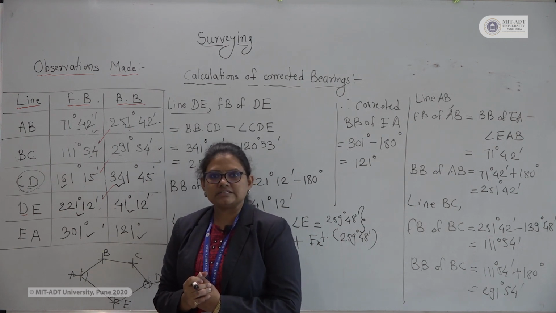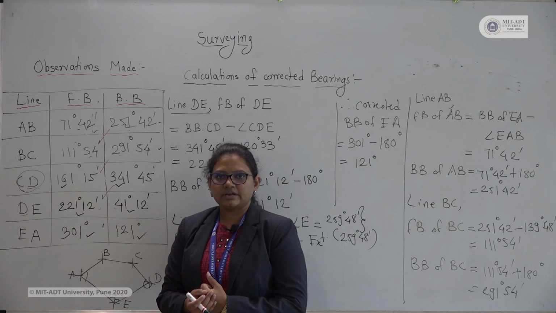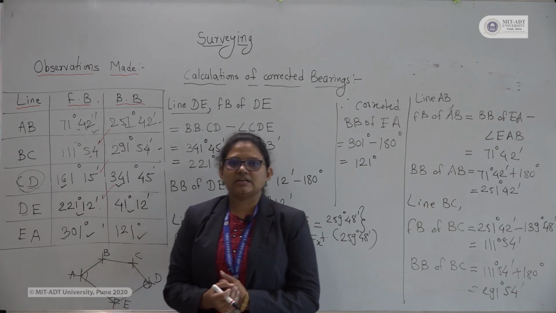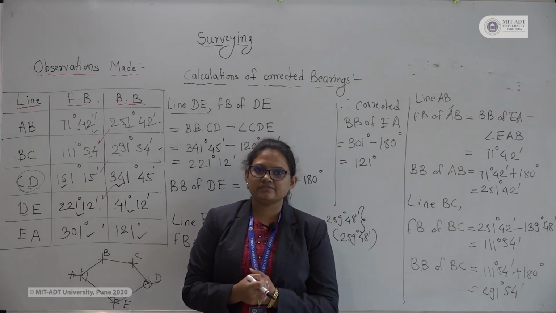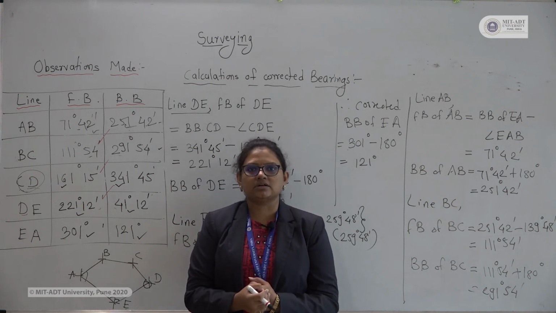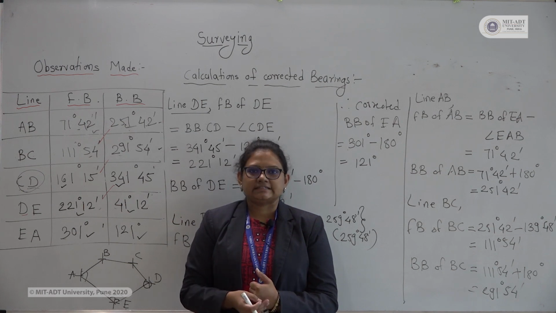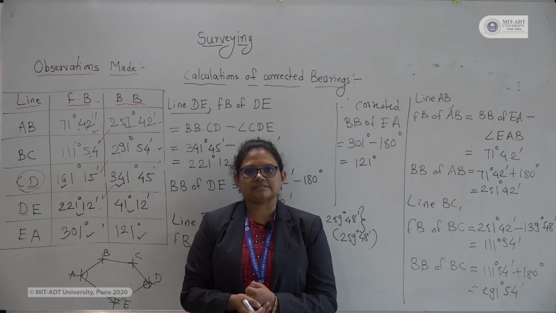By observing this, we have calculated the included angles and the corrected bearings. This prismatic compass is very useful whenever we have to find the included angles of a polygon or a triangle, or we can say that in any type of closed traverse we can use this prismatic compass.